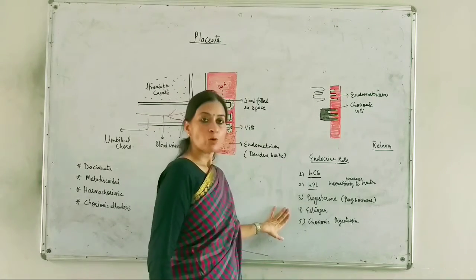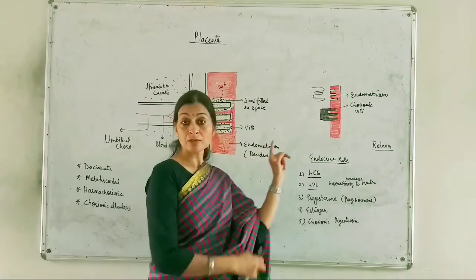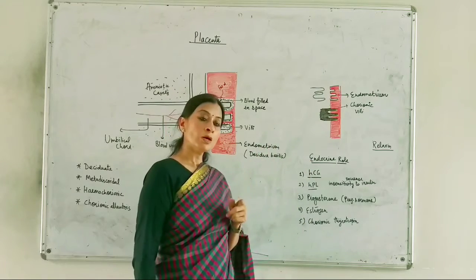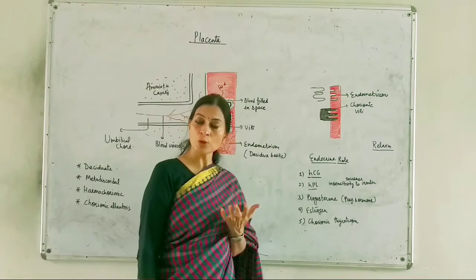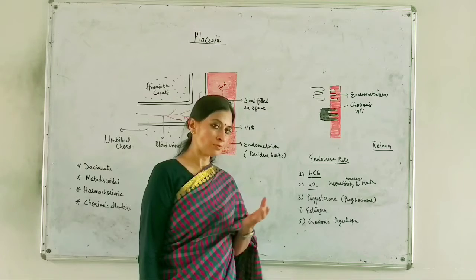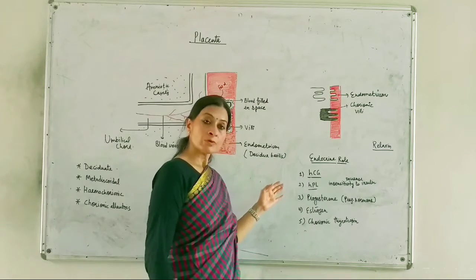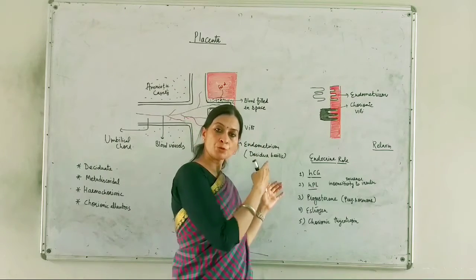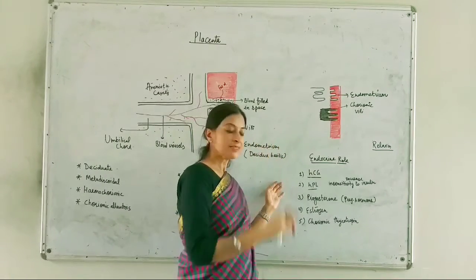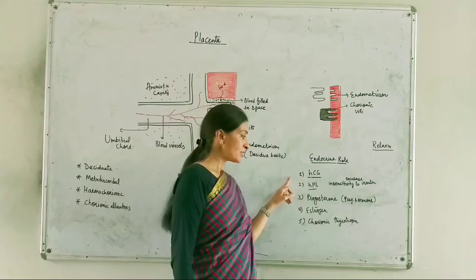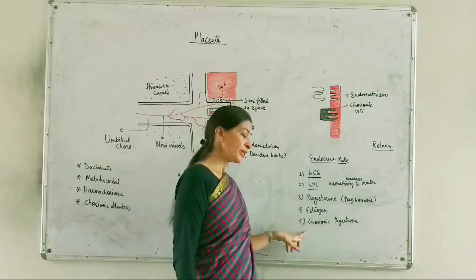So out of these hormones, if I am asking which hormones you can find only in the body of that pregnant lady, then you will say it is HCG, HPL and chorionic thyrotropin.